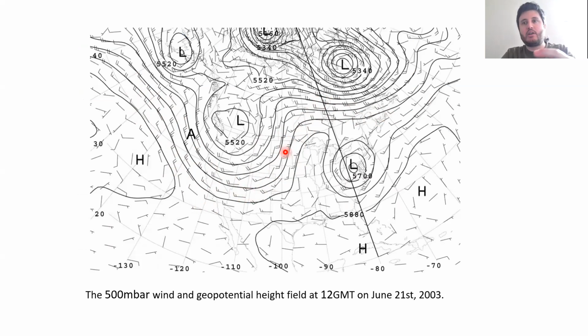It doesn't really accumulate. If it were perfectly geostrophic, it would just follow the lines. And what would happen then? We would never have convergence, so we couldn't have vertical movement. Because if you have a convergence of wind, by mass continuity this has to be compensated by upward motion.